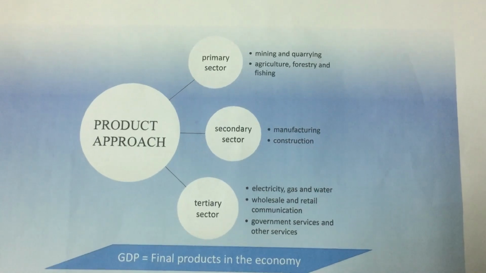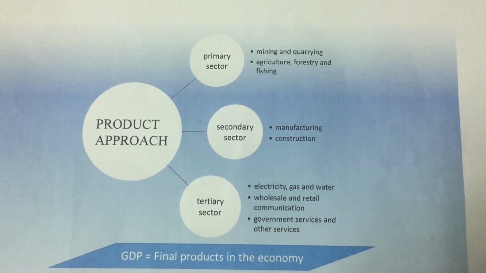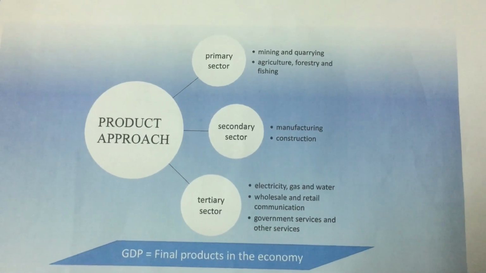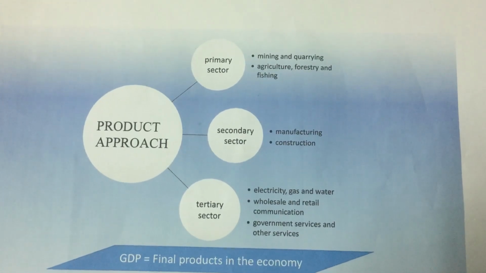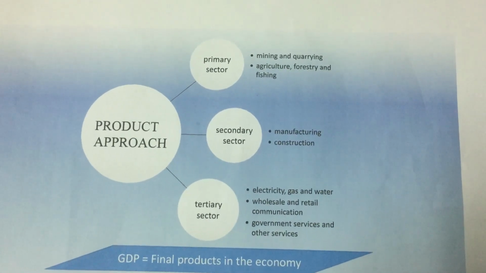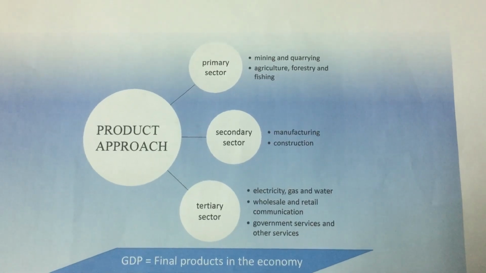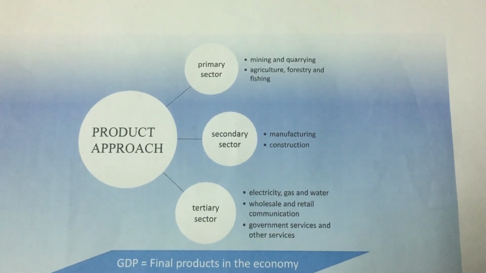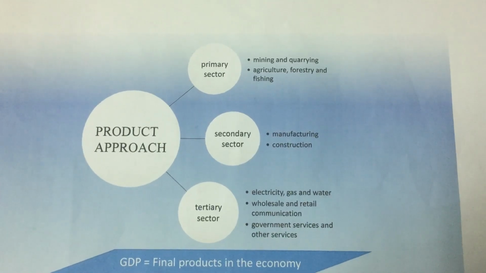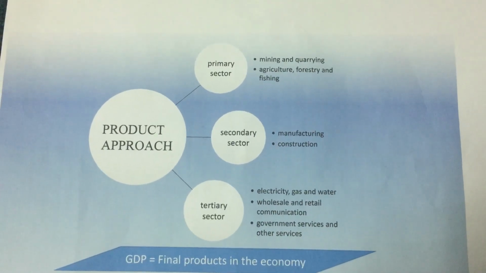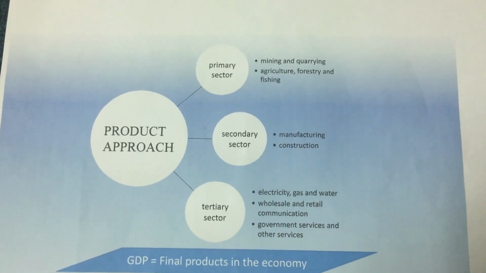In Malaysia, there are 3 sectors contributing to the gross domestic product, GDP, which are the primary sector, secondary sector, and tertiary sector. The primary sector comprises mining and quarrying, agriculture, forestry, and fishing. The secondary sector comprises manufacturing and construction.